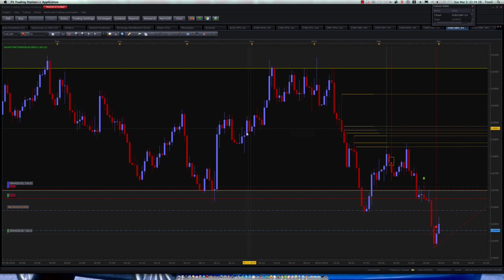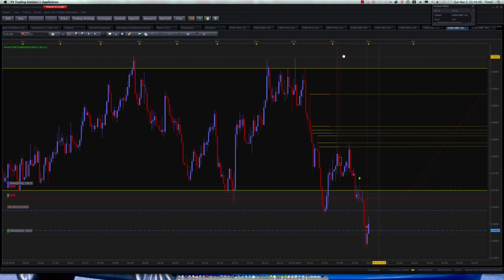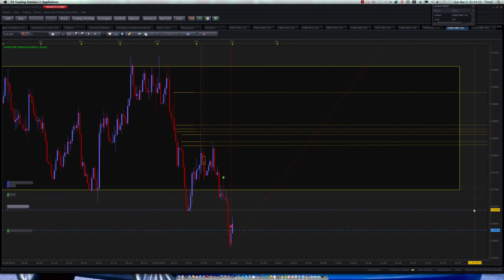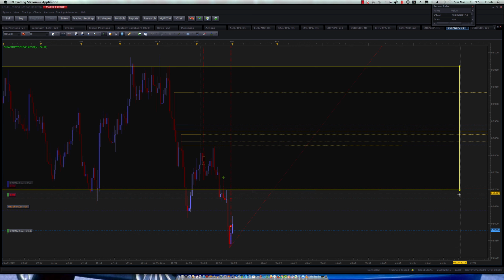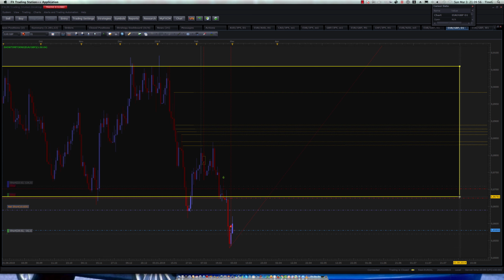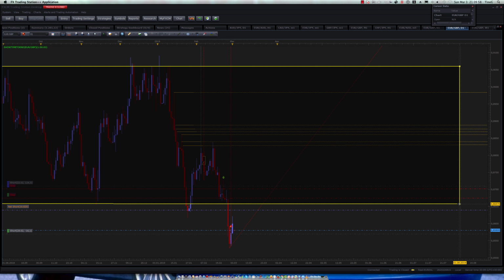This is how daily looks. The market rallied to the resistance, bounced back, rallied down to the support level, bounced back. Obviously, we could enlarge this, like this.